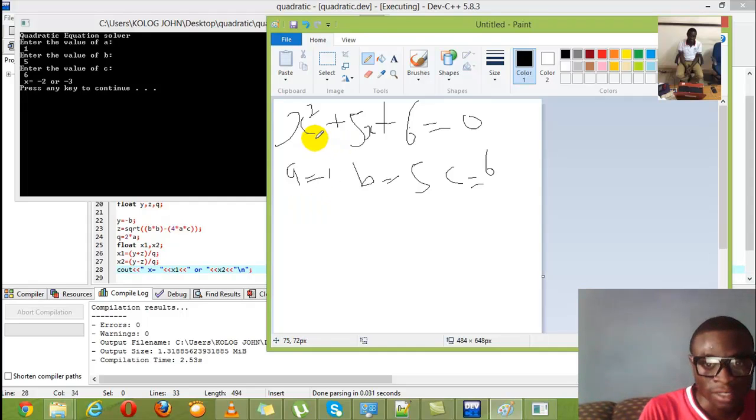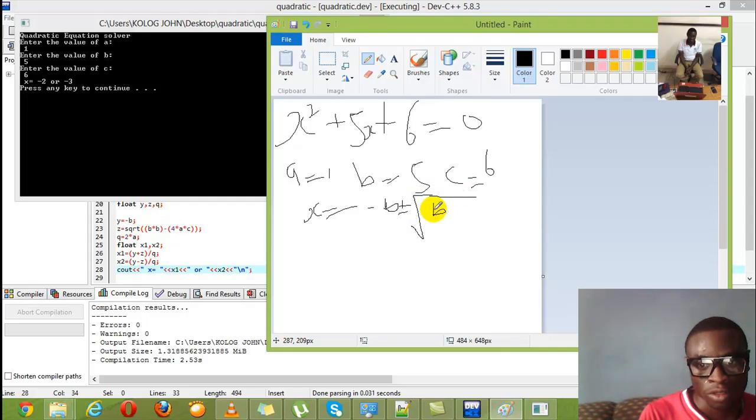We can decide to factorize it or put it in the almighty formula, but let's put it in the almighty formula and see. You know, the almighty formula is x is equal to minus b plus or minus the root of b square minus 4ac, all over 2a. Now our b is 5.